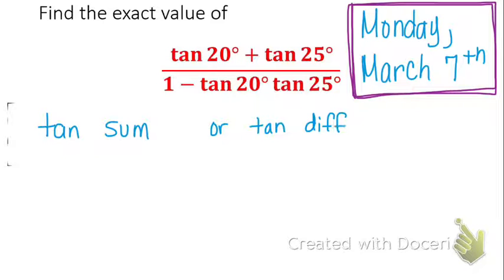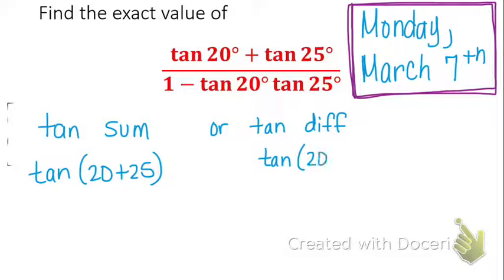If it's tangent sum, that means that alpha is 20 and beta is 25. So you're going to take the tangent of 20 plus 25. Or it would be tangent of 20 minus 25. I figure it's the sum because there's a plus sign.